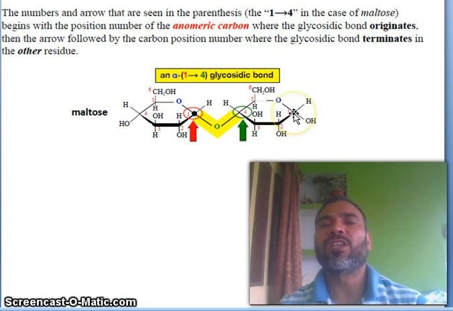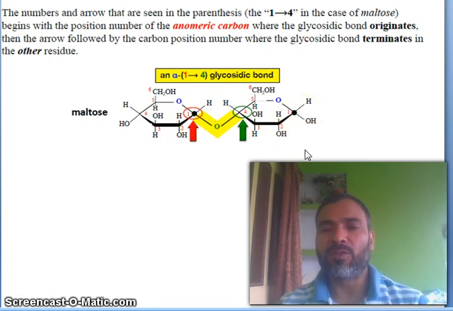This carbon is also anomeric. The number is where the glycosidic bond originates, then the arrow is followed by the carbon position number where the glycosidic bond terminates in the other residue. This is the termination point. So this is one and this is one, another one.